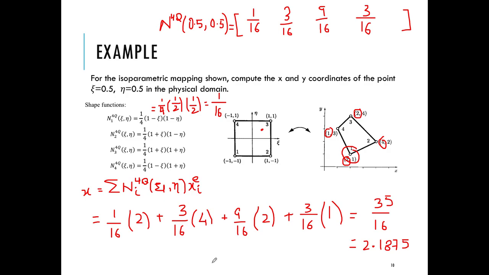Great. Now we could perform the exact same procedure, but this time for our y coordinate. If we do that, instead of using our x nodal positions, we basically need our N4Q multiplied by the respective y coordinates.